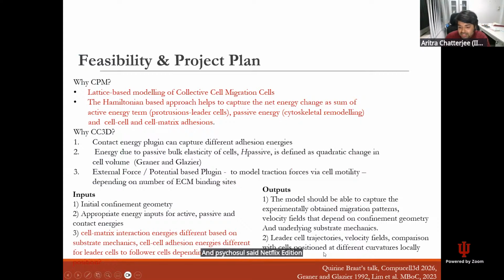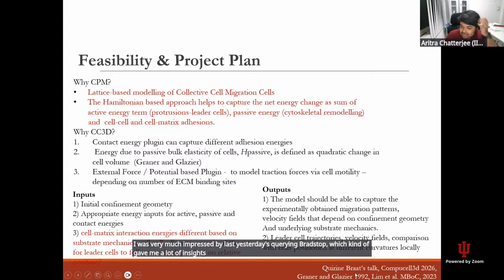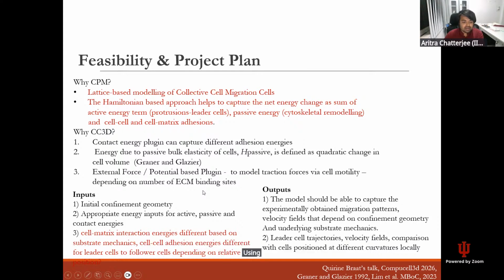I was very much impressed by yesterday's talk by Brad, which gave me a lot of insights on how to do this, as well as some previous papers from Amit Pathak's group, where I have taken these parts where people have tried to model this using these different steps. The ideal inputs would be the initial geometry and energy inputs for these three different active, passive, and contact terms.